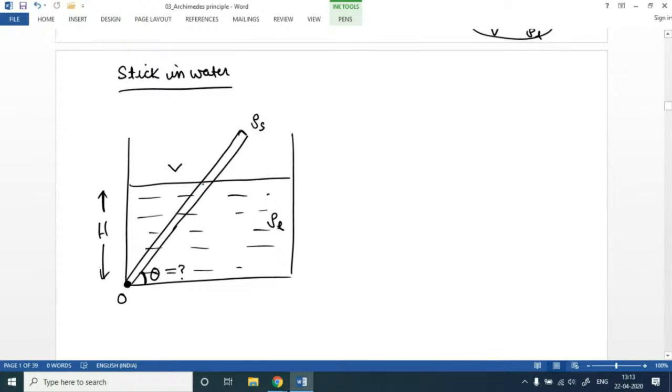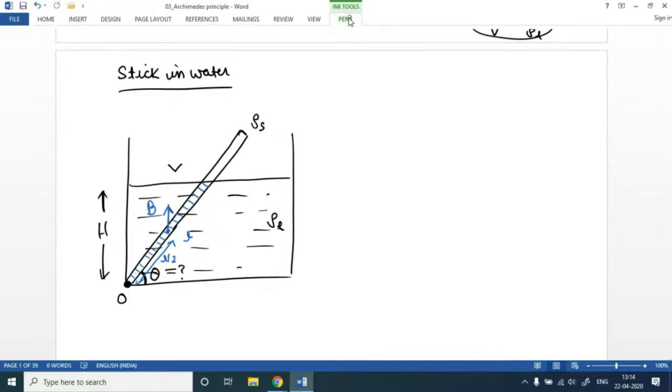This part of the stick is submerged and this part of the liquid has been displaced. So the center of buoyancy would be nothing but the center of mass of this submerged part. Let's say the submerged length is L, so this length would be L by 2, and the buoyancy would be acting in the vertically upward direction.